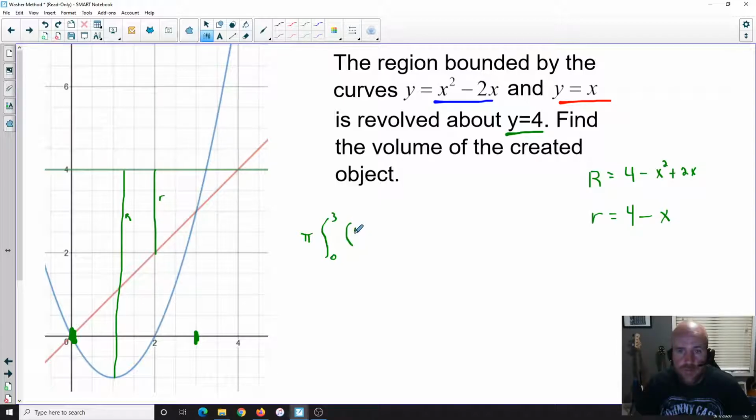So remember, big R squared minus little r squared.